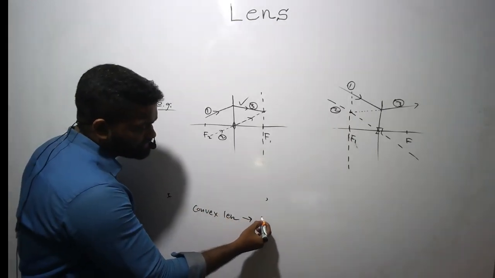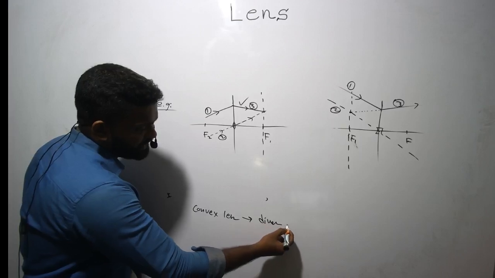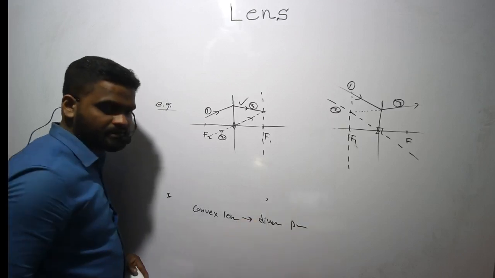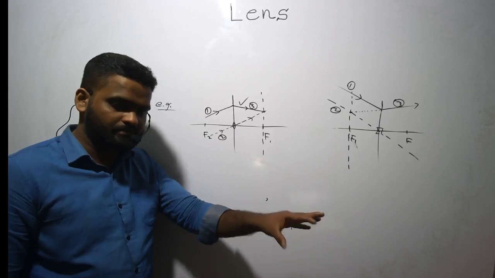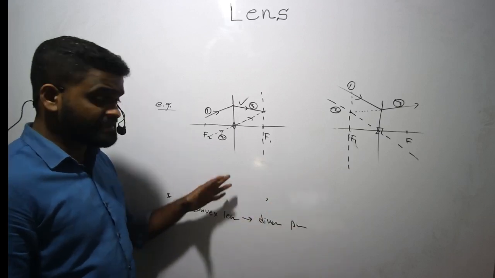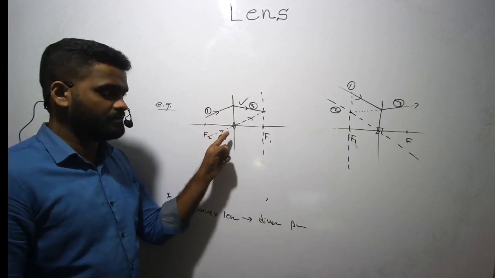Convex lens shows diverging properties. Got it? Convex shows converging properties in a rare medium, but for a denser medium, if the medium is denser, right?